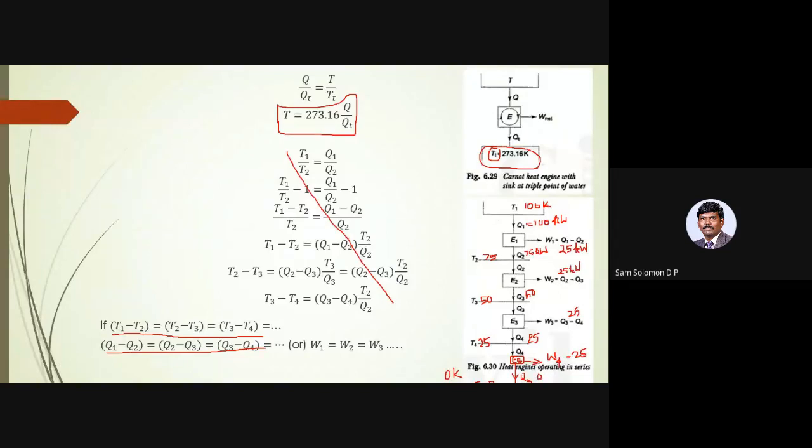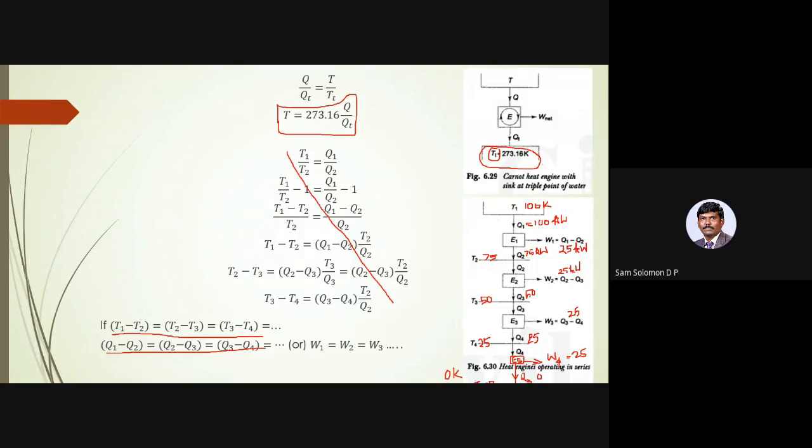Is this possible? Can you have heat rejection equal to 0? This violates the second law. You cannot have a heat engine which converts all of the heat supplied into work. If there is no heat rejection, it becomes a perpetual motion machine of the second kind. All of the heat energy is converted into work. That is not possible.